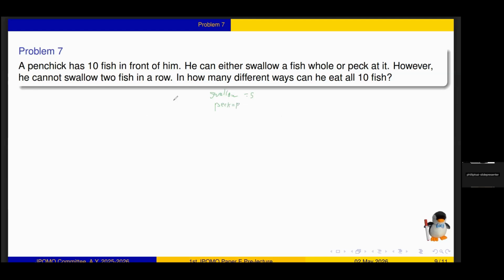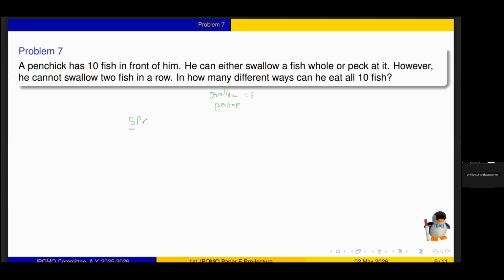So for each term, let's call it the first fish, the first fish that he chooses to do something to, the second fish, etc.